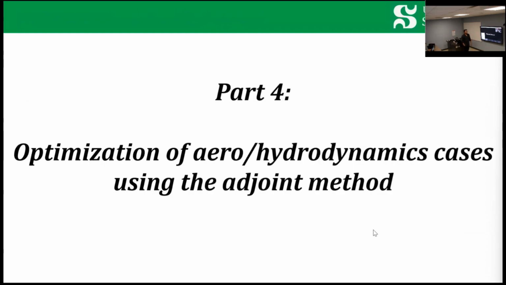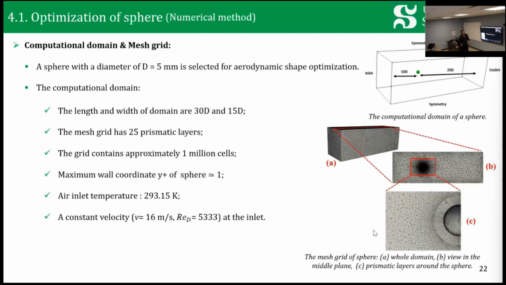Here, optimization of two different cases with the adjoint method helps us to become more familiar with the adjoint method and adjoint solver before customizing the solver. The first case is a simple case, a sphere with a diameter of 5 millimeters.